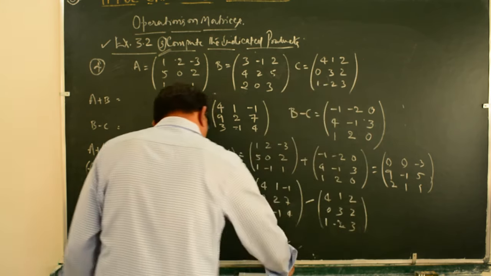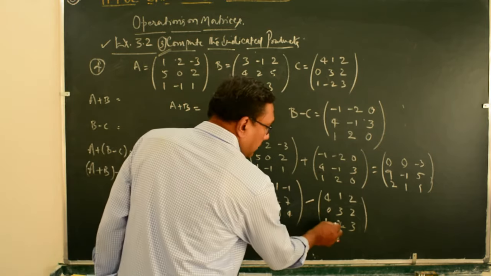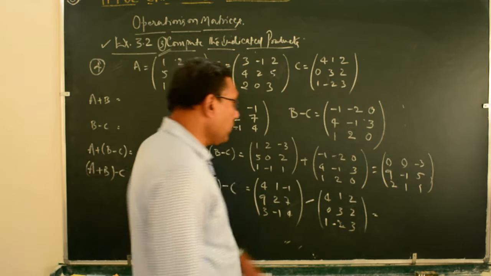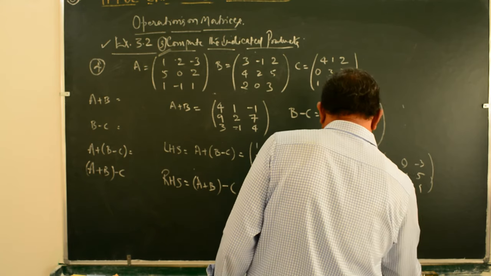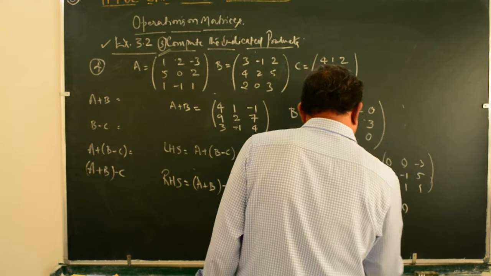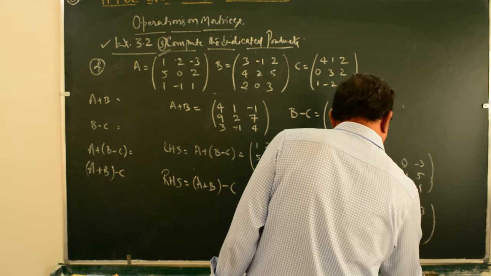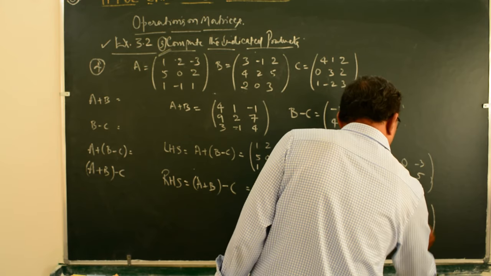Let us see the answer. What do we get? Minus 2 here, which is equal to 4 minus 4 is 0, 1 minus 1 is 0, minus 1 minus of minus 2 is minus 3, 9 is 9, minus 1 and it is 5, 2, 1, 1.